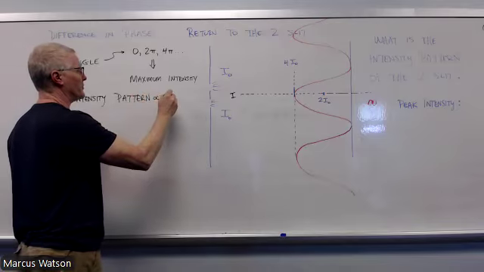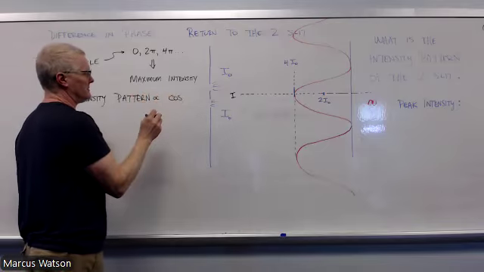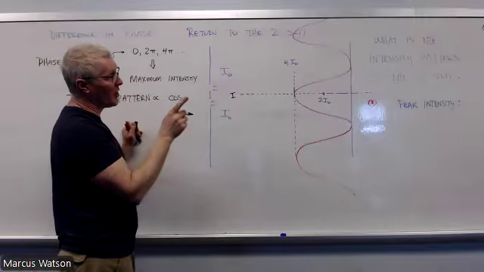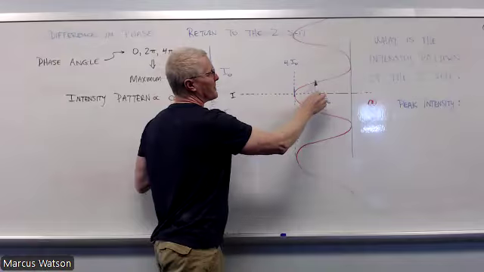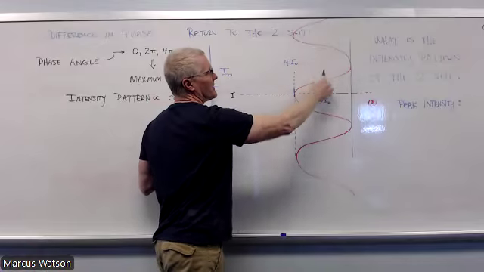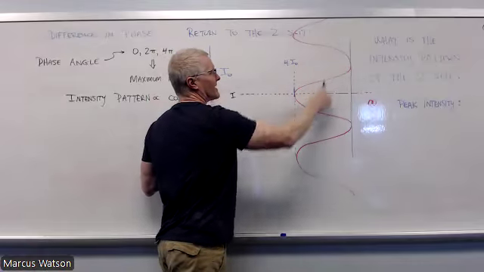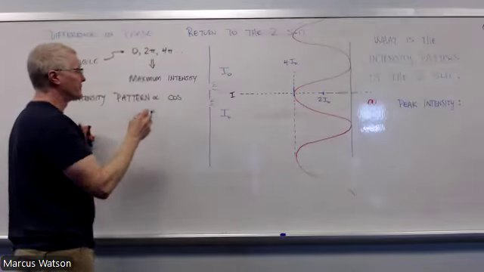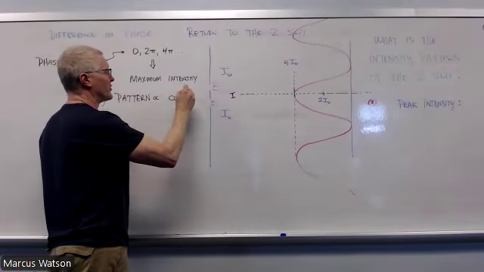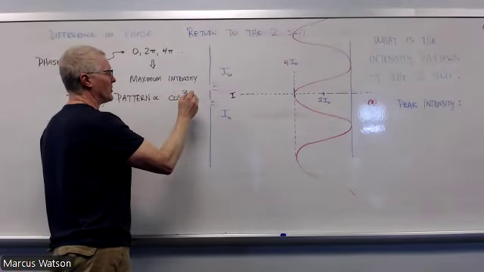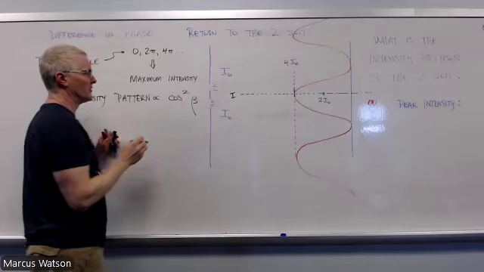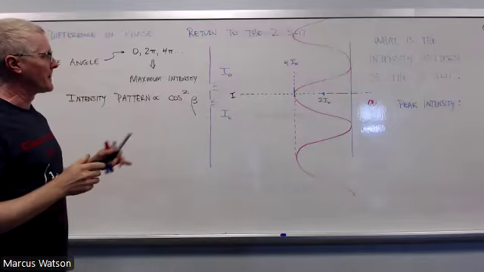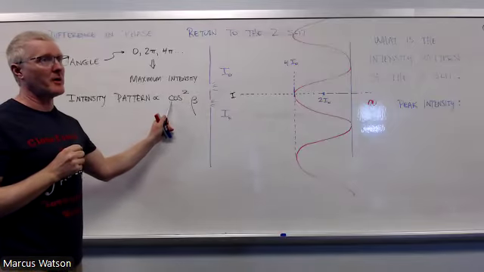It is proportional to cosine. And in fact, because the cosine normally would have dipped below the axis and come back up, this is always above the axis. It's a square. So this is really cosine squared of an angle, which I'm going to call beta, cosine squared of beta.